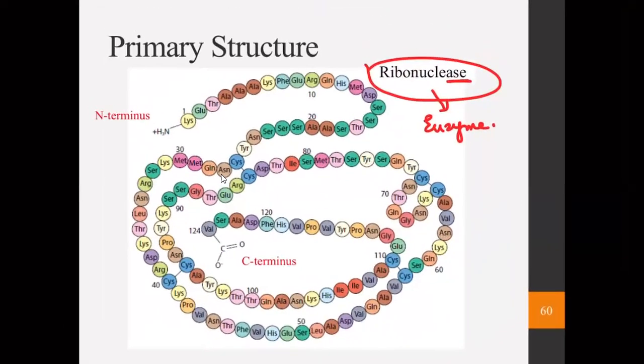Number 1, you can see the names of various amino acids. Number 2, you can see that they are arranged in a very organized specific sequence. So the primary structure means the amino acids arranged in a particular order.